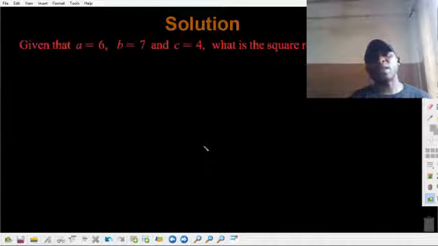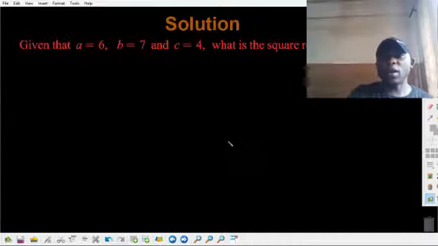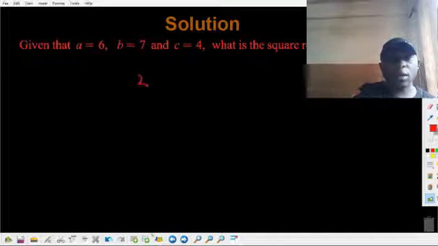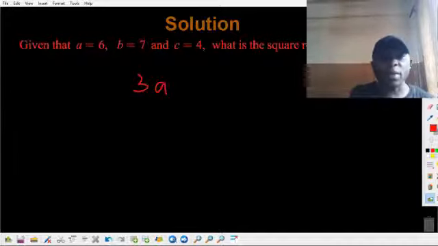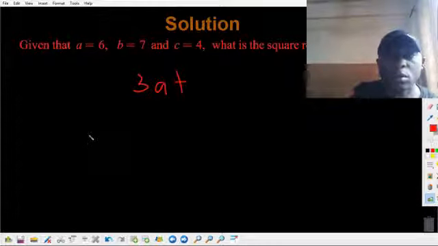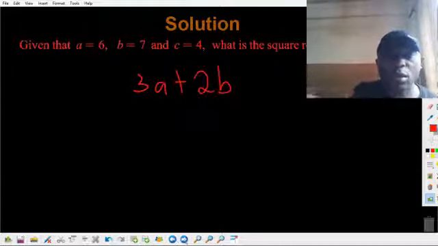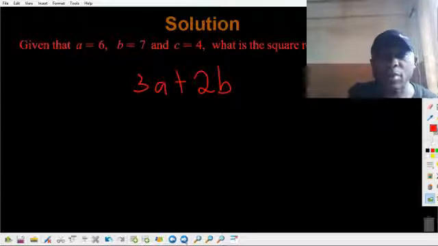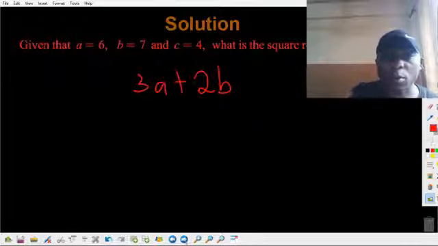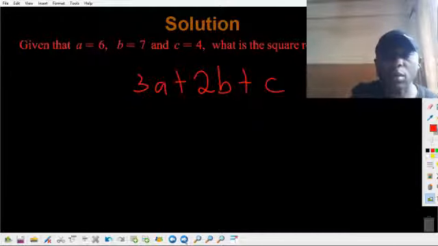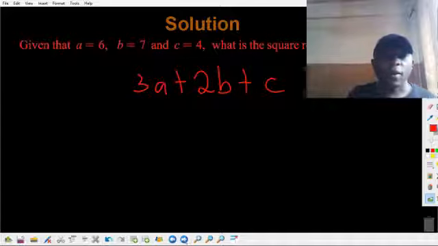Now we need to understand that the number given to us here, 3A, simply means 3 times A, plus 2B. This means 2 times B will give you 2B, plus C, right? Now the first thing is to write this in expanded form.